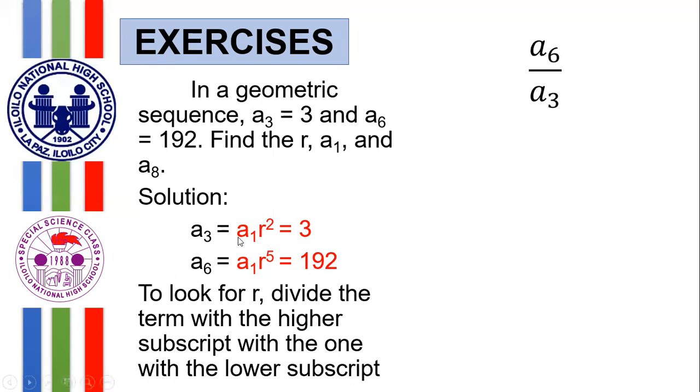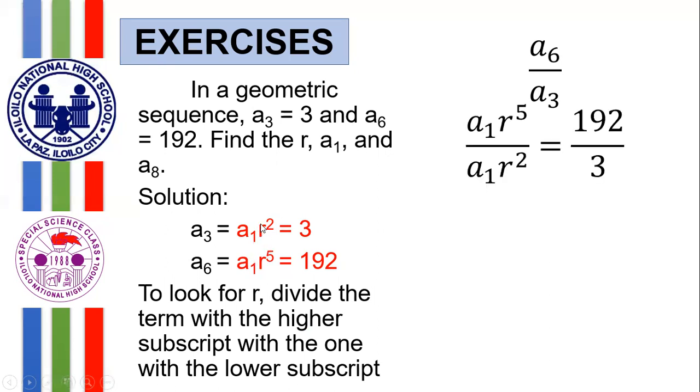So the left sides here are a sub 1 r to the 5th divided by a sub 1 r squared, equals the term with the higher subscript divided by the value of the term with the lower subscript, 192 over 3. If you did it the other way around, it's also okay. It's just that for my case, I prefer the term with the higher subscript to be in the numerator. That's why I have this.